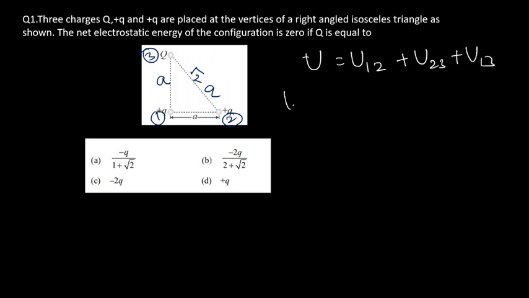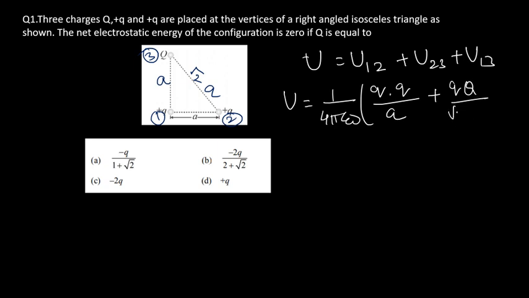If you put the formula for this, you can write it as 1 upon 4 pi epsilon naught. What is the charge on 1? That is plus Q into plus Q upon distance a, plus what about 2 and 3? Plus Q and capital Q upon root 2a, plus capital Q into small q upon a, and it is equal to 0.